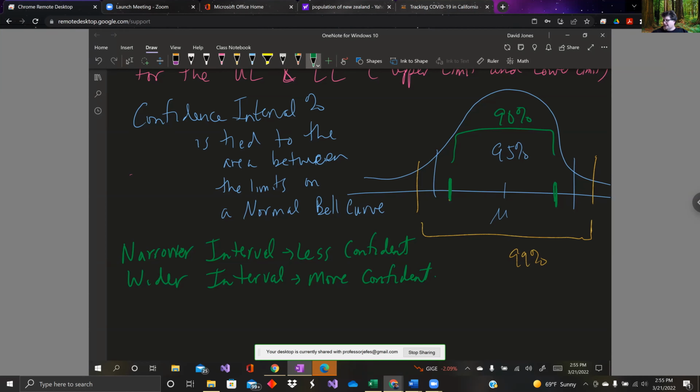For a 95% confidence interval, which I'm going to start calling CI, 95 out of 100 samples should contain it.